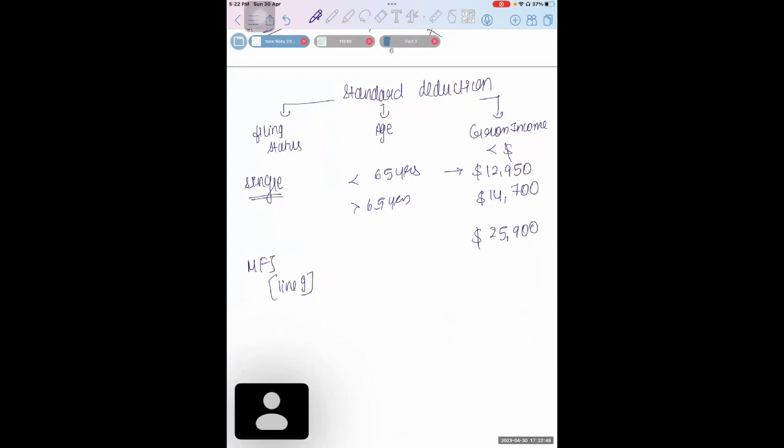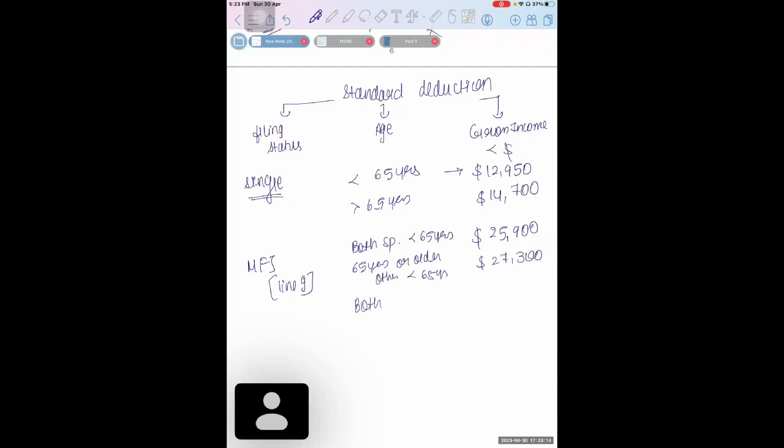Next, if both spouses are up to 65 years, then they can easily take 25,900 as standard deduction. If one spouse is 65 years or older, and the other is less than 65 years, then they can take 27,300 as a deduction.